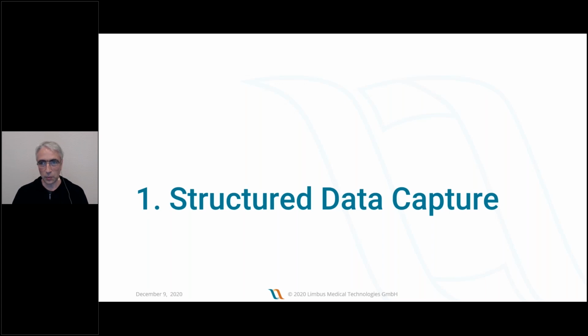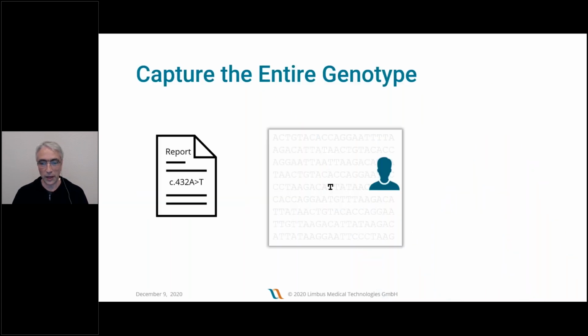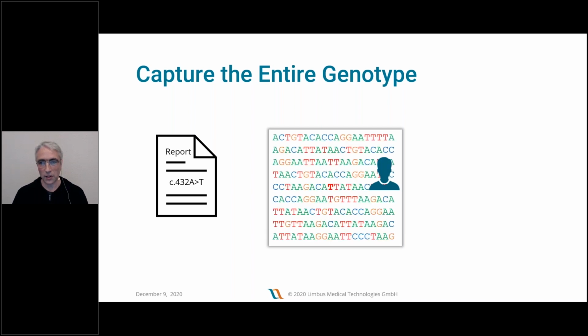This is extremely important and extremely basic. If you think of the individual patient that you're diagnosing, don't just remember the single variant that you may have reported or may not even have reported. The entire genotype of the patient is actually very important. The entire genotype contains information that you can utilize to support classifications of other variants in other patients that you're seeing.